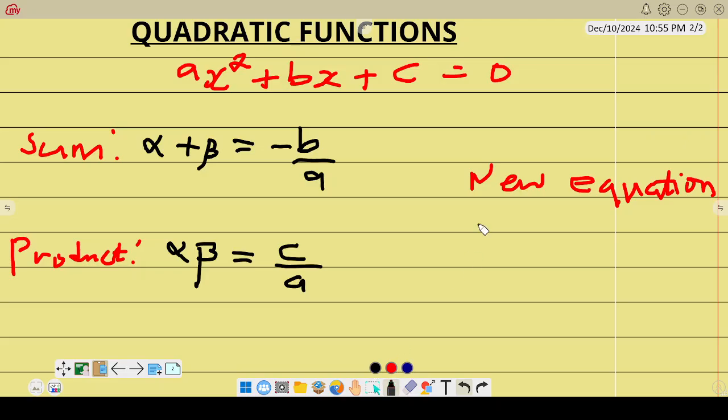Okay, so the new equation will actually be, we're going to write it as x squared minus the sum of the new roots.